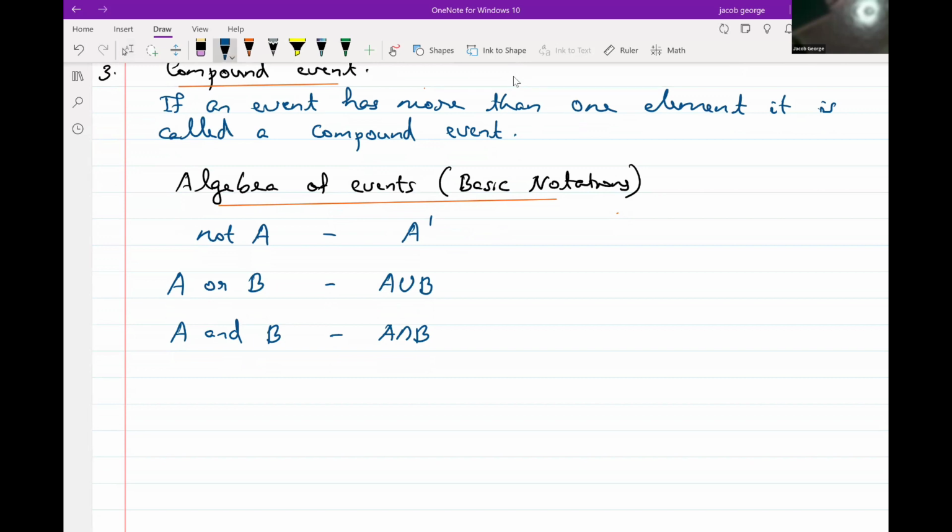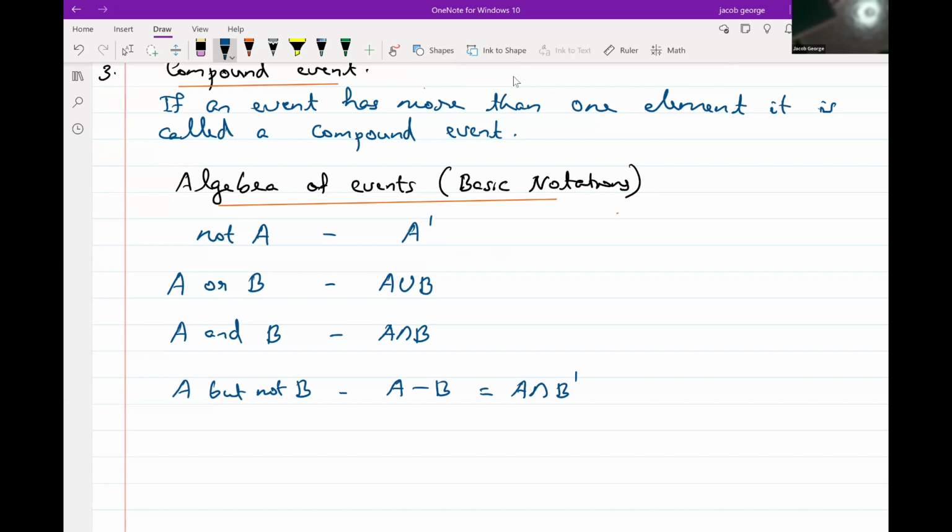Next is A but not B. A but not B is A minus B. But that A minus B we calculate like this: A intersection B complement. Means A is there, but B is not there.